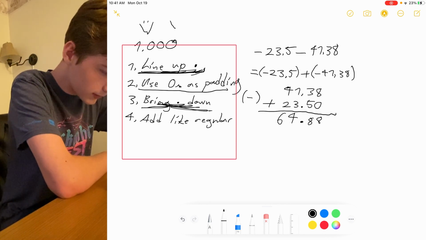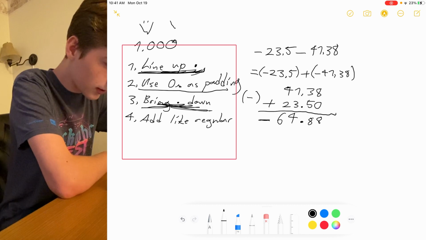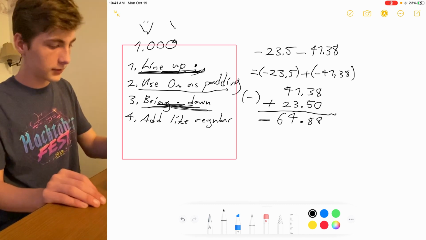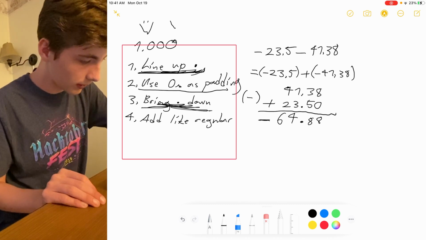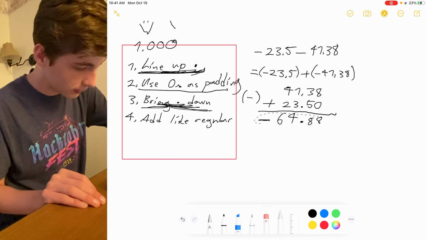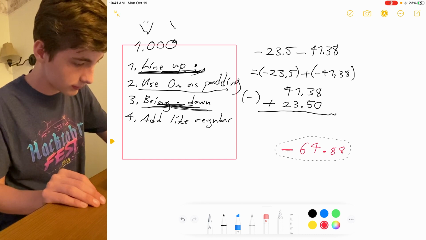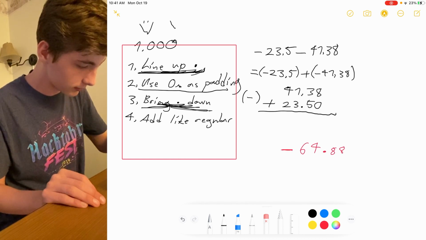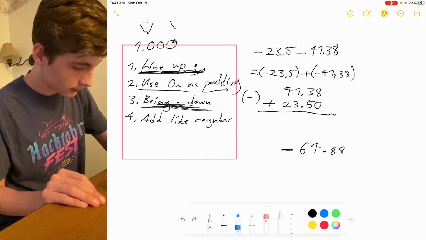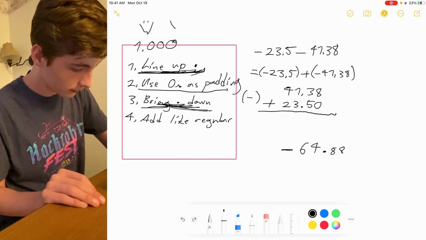Remember, we have this negative sign here, so that's going to go there, and that's our answer, negative 64.88. So let me kind of move this. This is our answer right here.